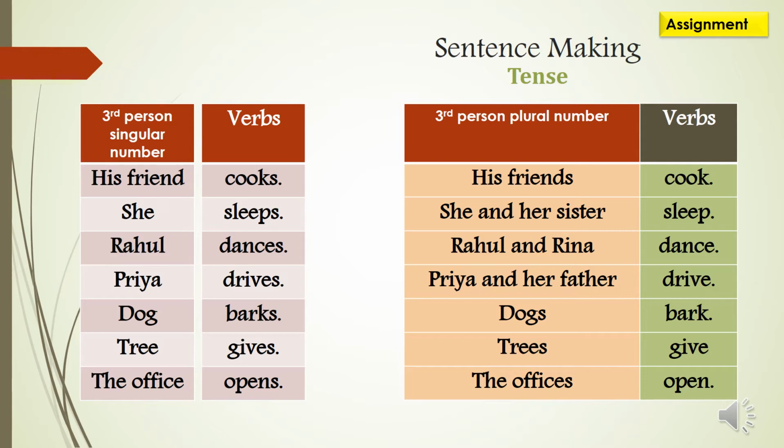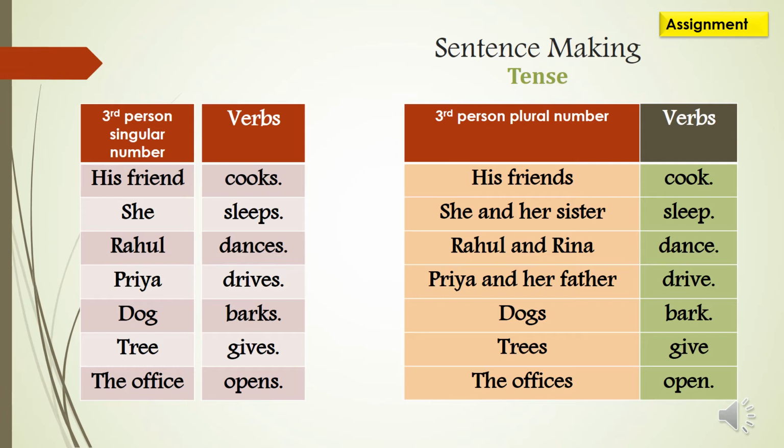But Rahul and Rina, 2 persons. So plural number. So Rahul and Rina dance. S is not required. Priya, a name. So this is third person and only one name. That's why this is third person singular number. So Priya drives. S is attached.